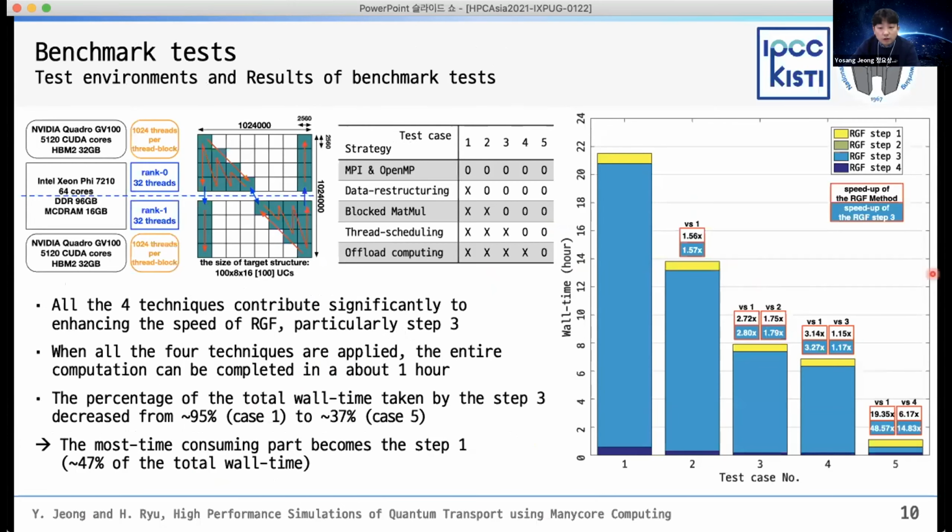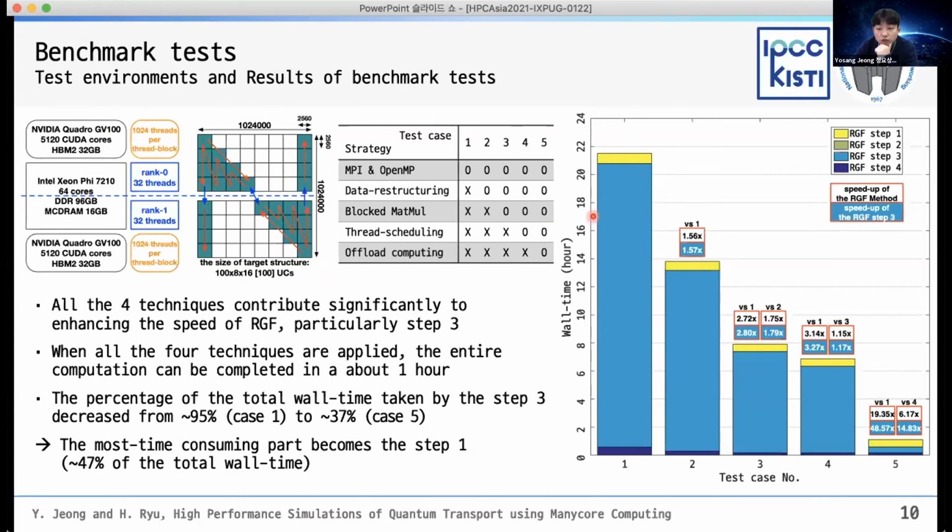And here is the benchmark test. We use a single computing node with a KNL processor and 2 GV100 GPUs. As I mentioned before, since the RGF algorithm can be parallelized over regions, we use 2 MPI processes, and each MPI process has 32 threads and one GPU.